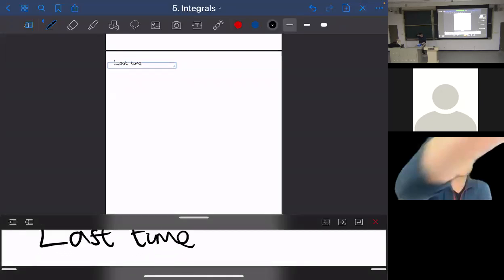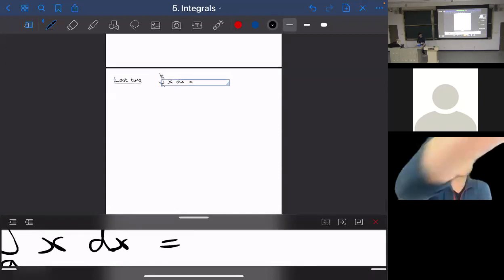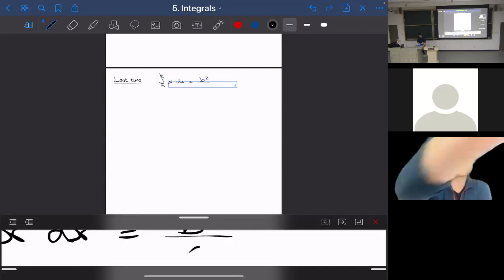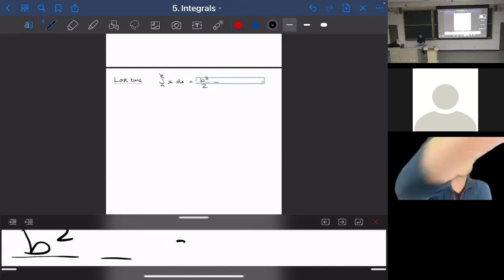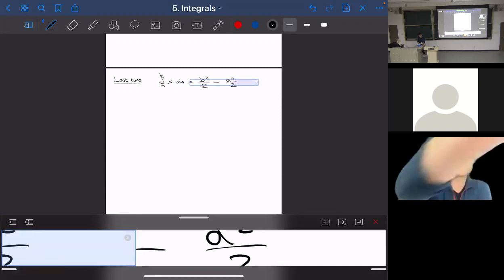To calculate some definite integrals. We're going to get a lot better at calculating definite integrals very soon. So let me just recall what we calculated last time. We had this.